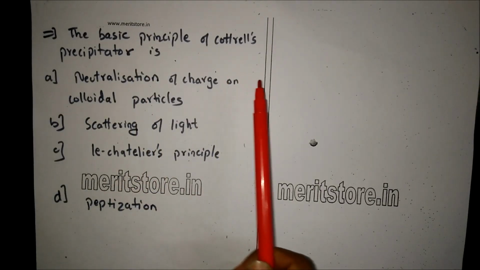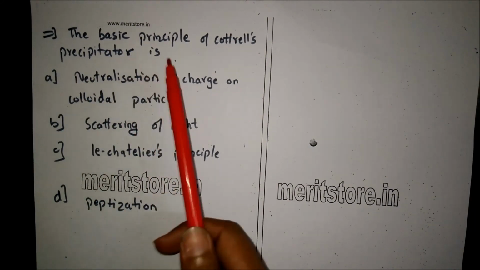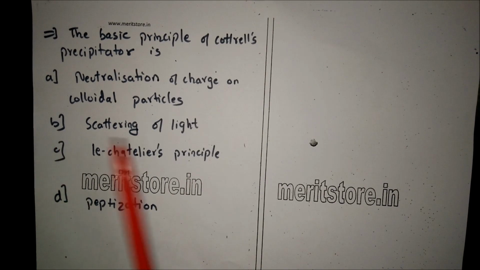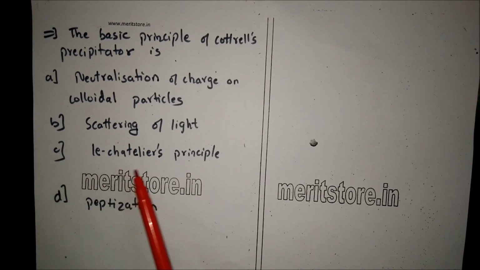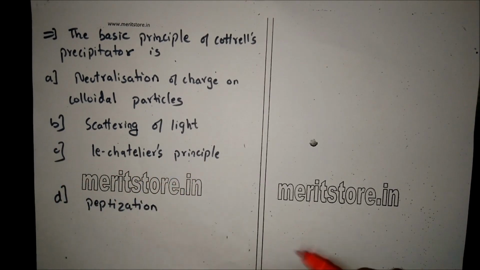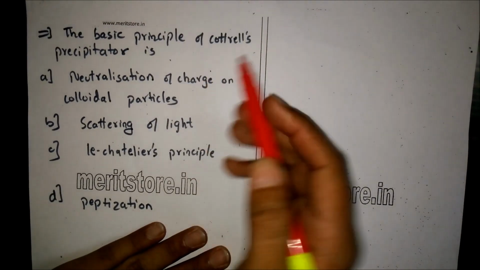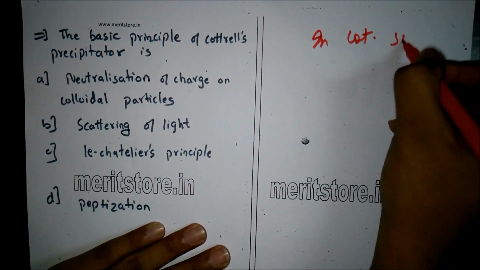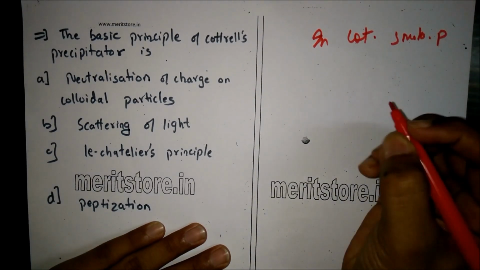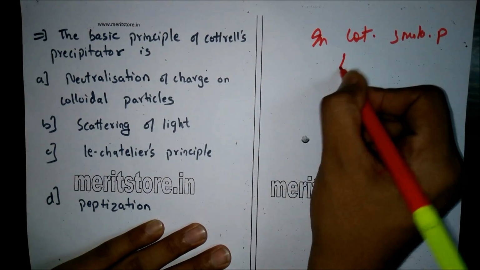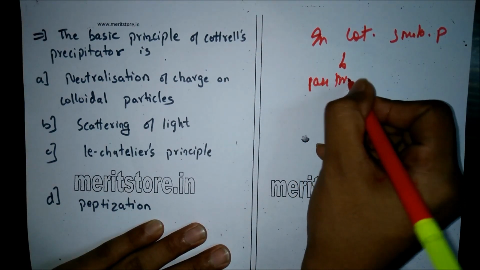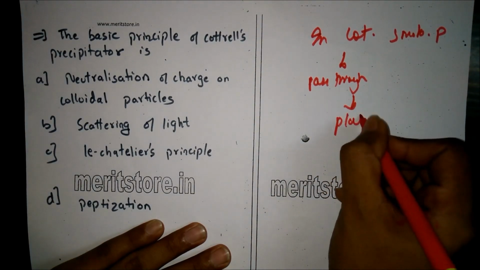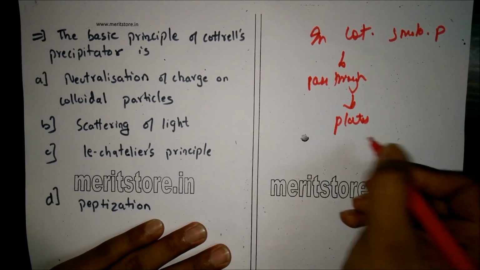The basic principle of a Cottrell's precipitator is A. Neutralization of charge on colloidal particles, B. Scattering of light, C. Le Chatelier's principle, and D. Peptization. Now, what is a Cottrell's precipitator? In Cottrell's smoke precipitator, the smoke is allowed to pass through a chamber having a series of plates charged up to a very high potential.